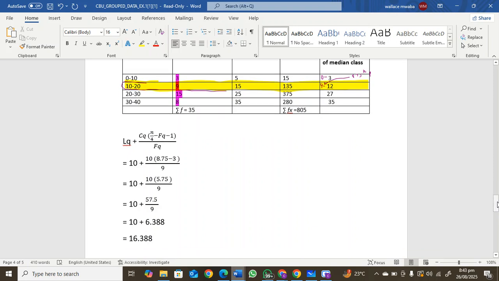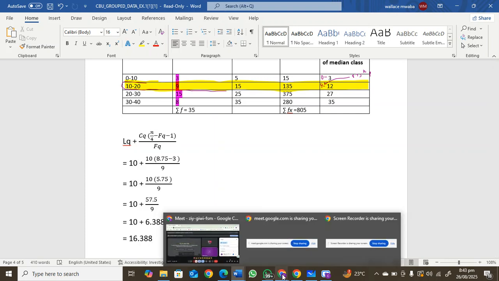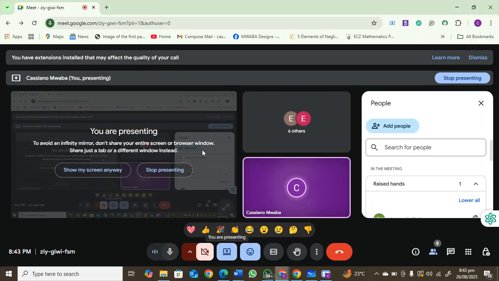We solved the mean; this is the lower quartile. Last time we were dealing with ungrouped data, but now we're dealing with grouped data.